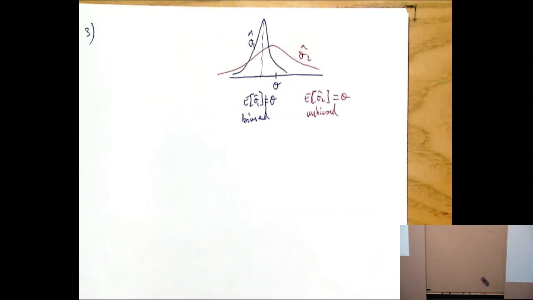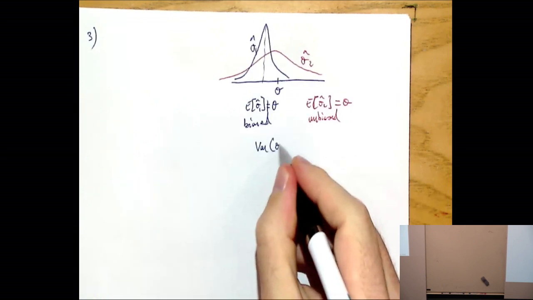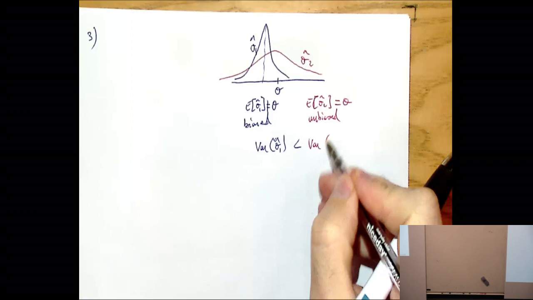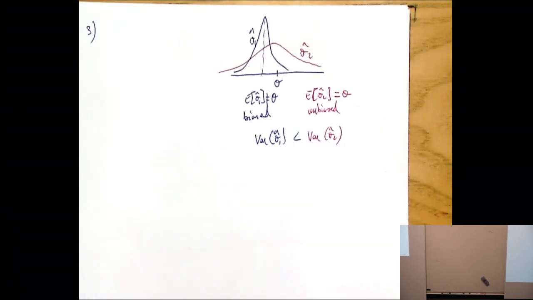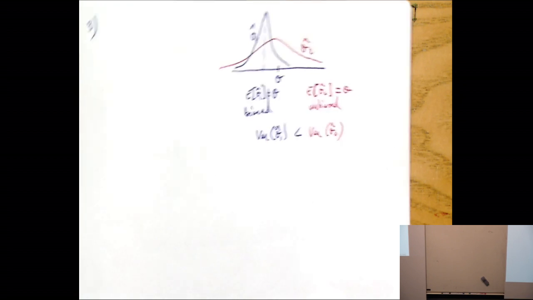But on the other hand, from this figure, you could say, well, it looks like the variance of theta 1 hat seems to be smaller than the variance of theta 2 hat, right? So in that case, you have one estimator that is biased but has a smaller variance, right? And the other one is unbiased, but has a larger variance, right? So in that case, how do you choose the estimator?